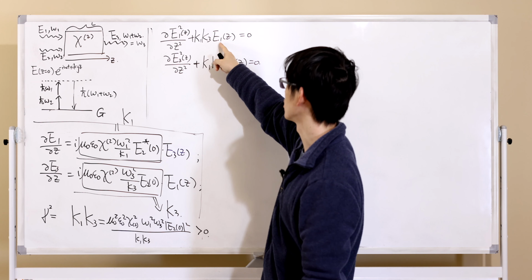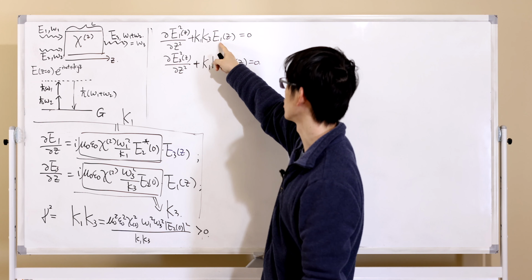When you set gamma B3 equal to this, you eventually get B3 is i K3 E1(0) divided by gamma.